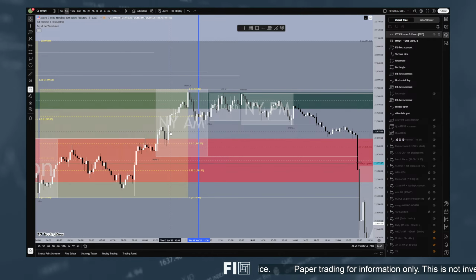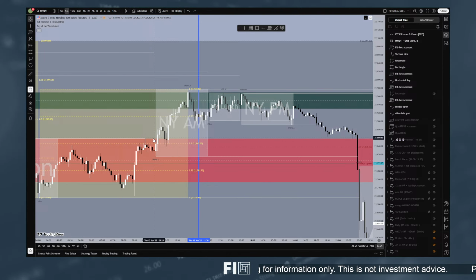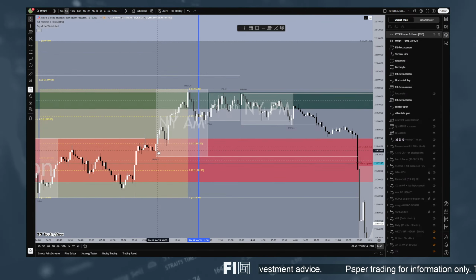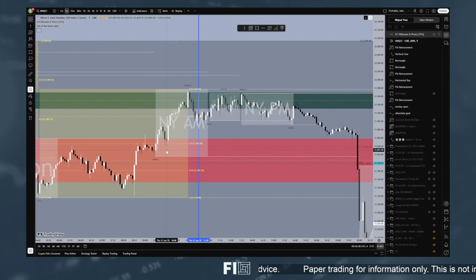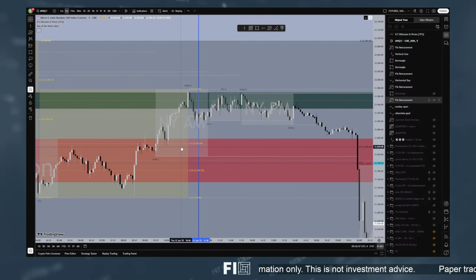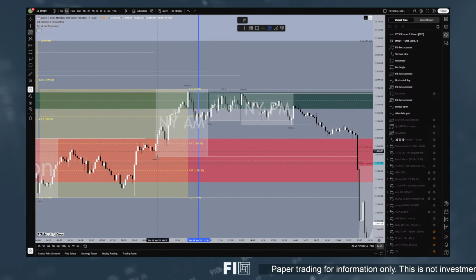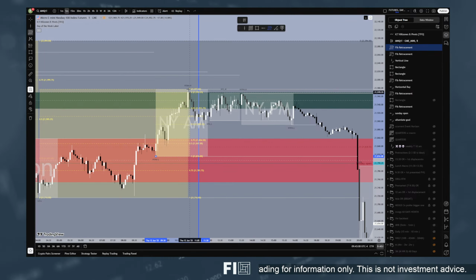To 11, 10, high, low high, higher low. Higher high. There it is. There's our swing leg right there. This is our type 2 right here.